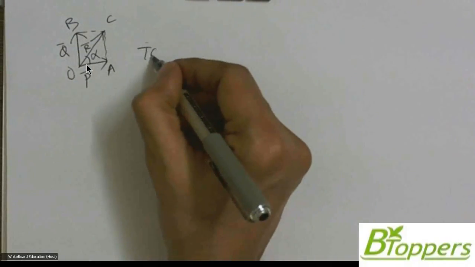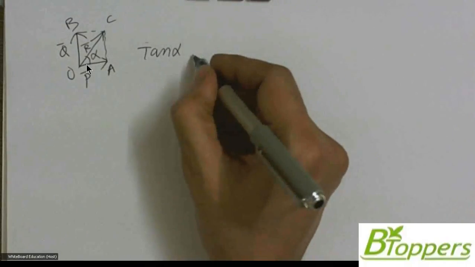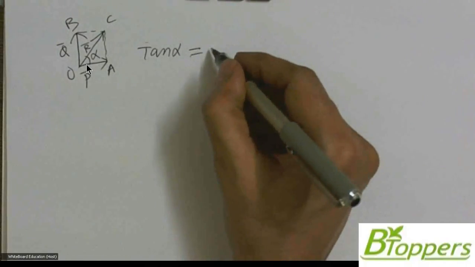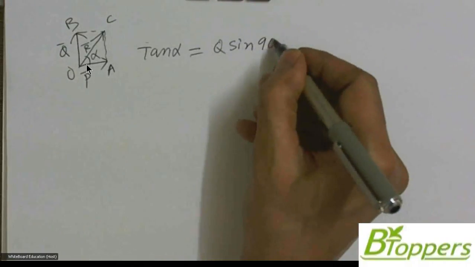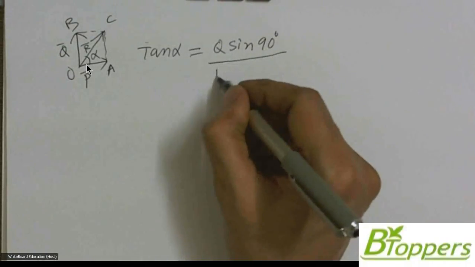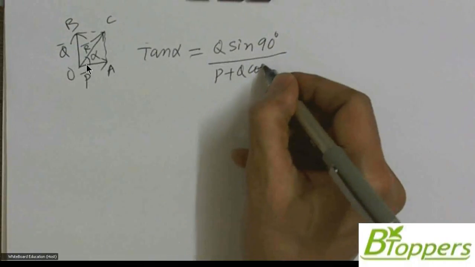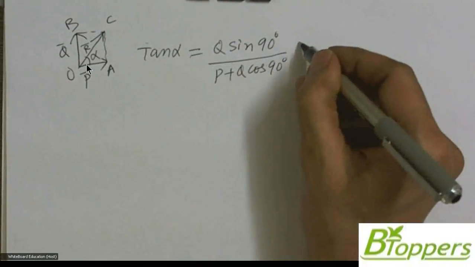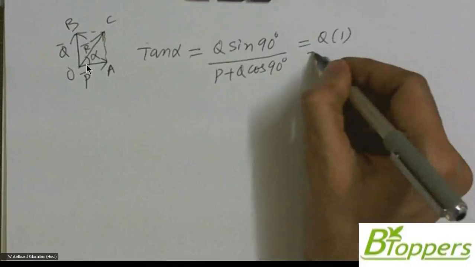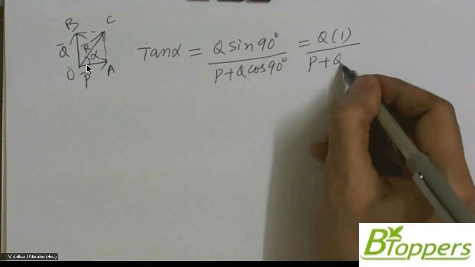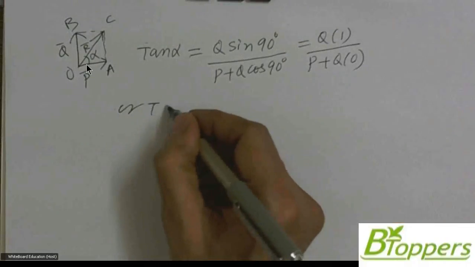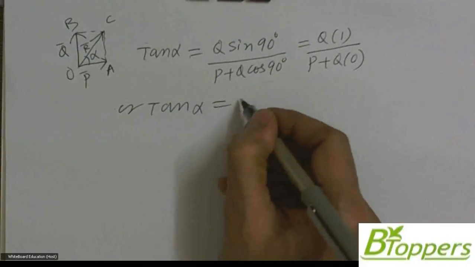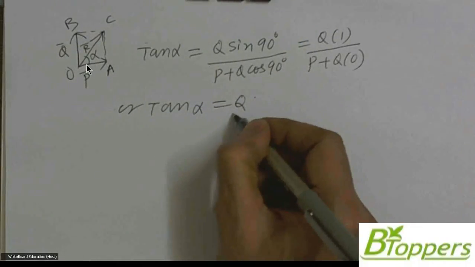Here, as you know, sin 90 degrees equals 1 and cos 90 degrees is 0. So you get tan alpha in this case equal to Q by P.